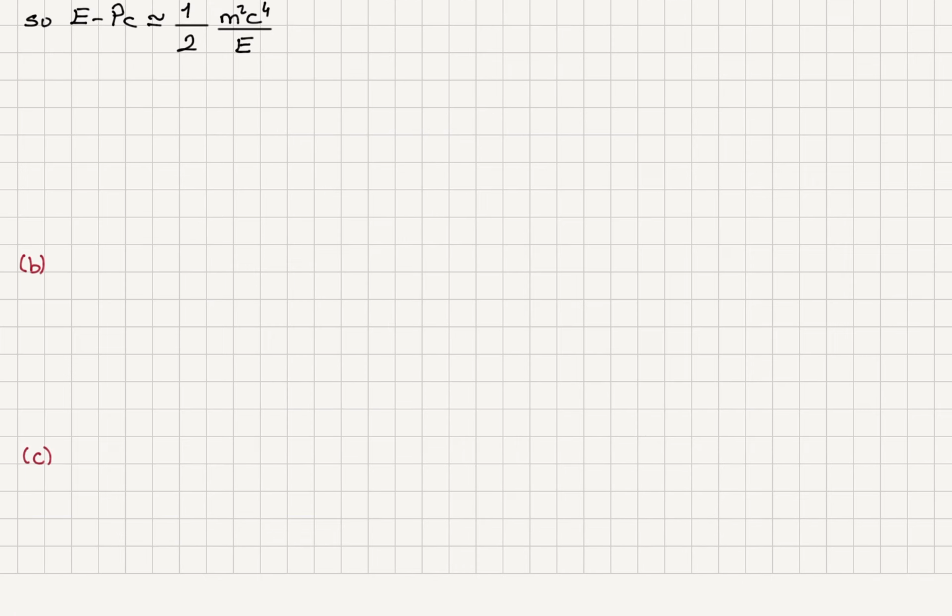For E plus PC, I have E plus E minus 1 over 2 m squared c to the fourth power divided by capital E. And since this term is rather small, I can neglect it. This is approximately equal to 2E.